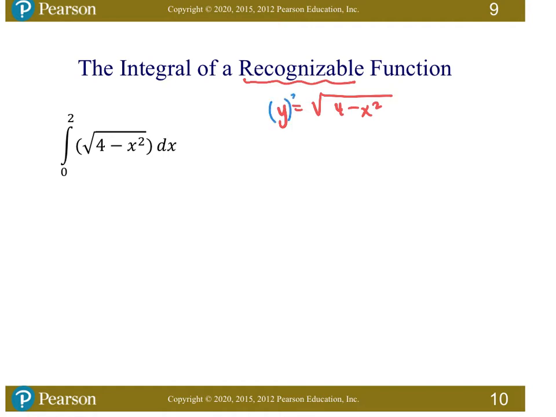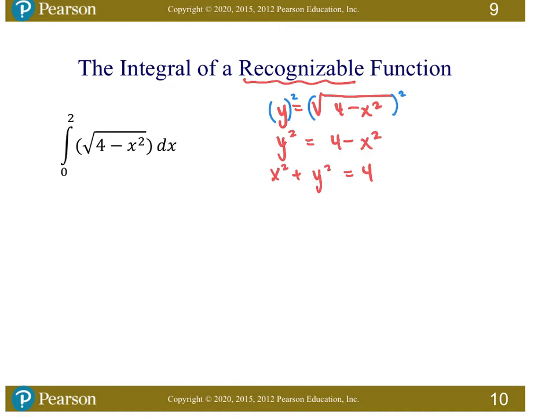So if I use parentheses to square both sides, now I'll have y squared equals 4 minus x squared. You still might not quite recognize it until I add x squared to both sides. X squared plus y squared equals 4. And then maybe, oh, right, this is a circle of radius 2.